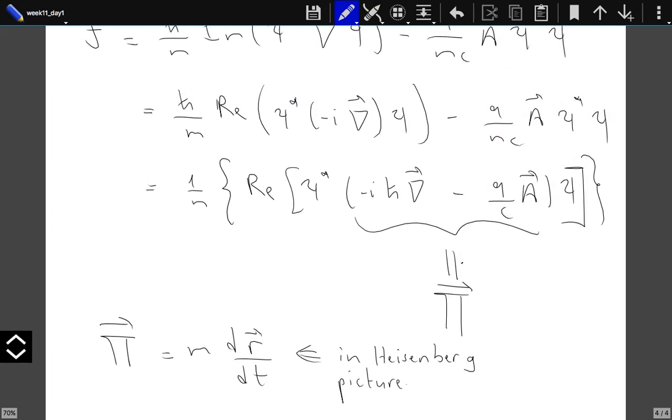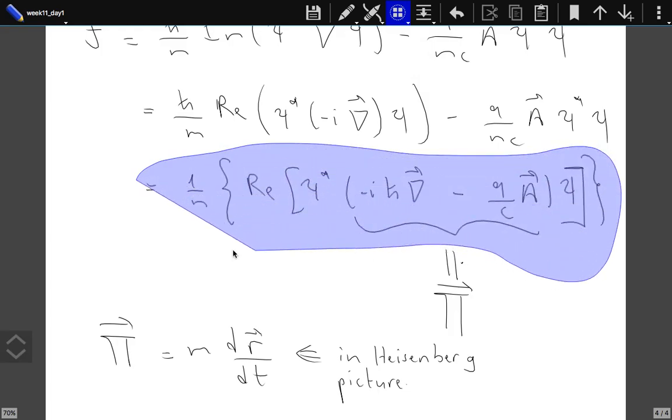So let's look at the current density, or the probability current.